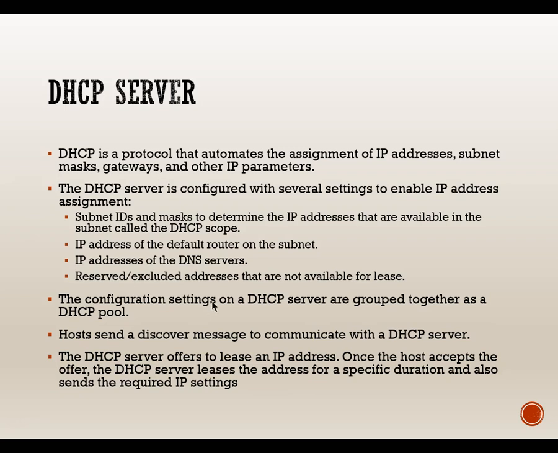DHCP is a broadcast protocol, and as you recall, a broadcast protocol will not go past a router. What we like to do is, if we have a router here and we have a DHCP server here on a network and we have a whole bunch of subnets out here, we like to do centralized control, so central control of the DNS server.